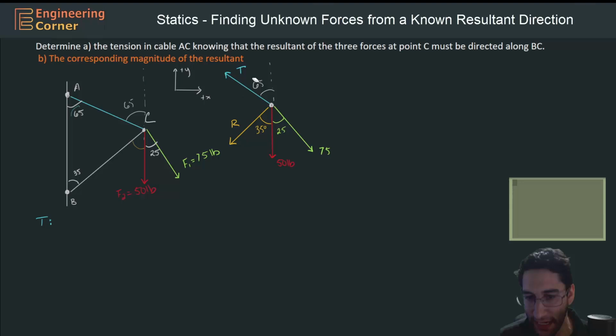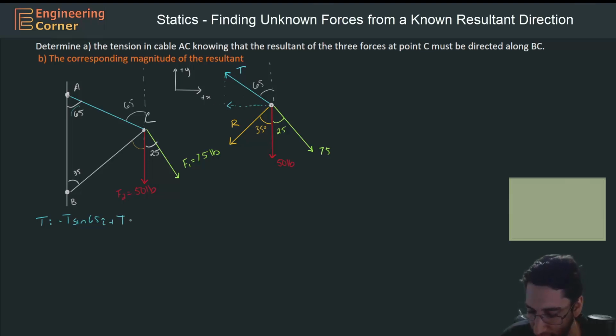So T times the sine of 65. And we need to realize that when we break this up into components, this is going to be pointing towards the left. So it needs to be minus T times the sine of 65, i, and then we'll have plus T times the cosine of 65, j.